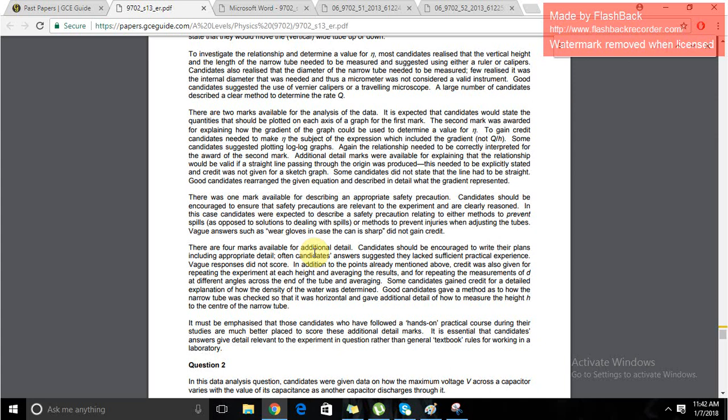4 marks for additional detail available. Repetition of the experiment and averaging of results, and measurement of the density of water, and any way to ensure that the tube is horizontal.